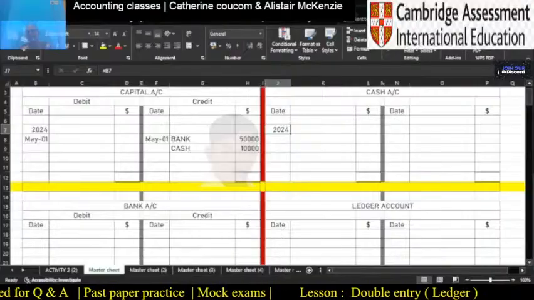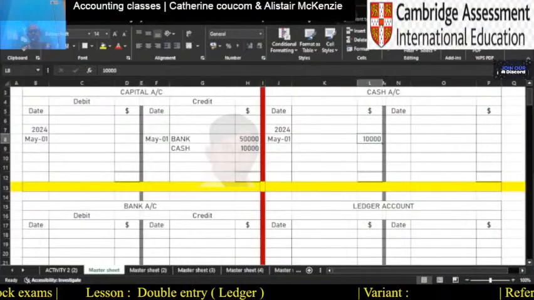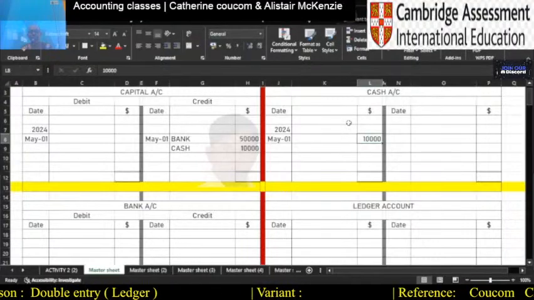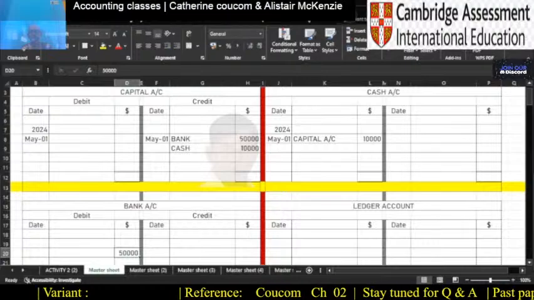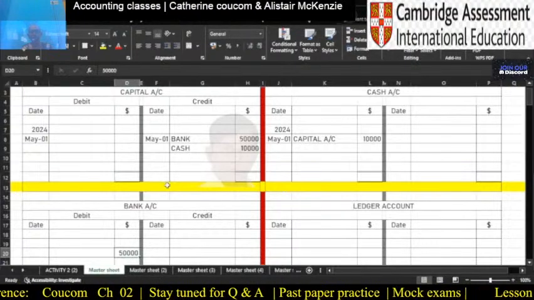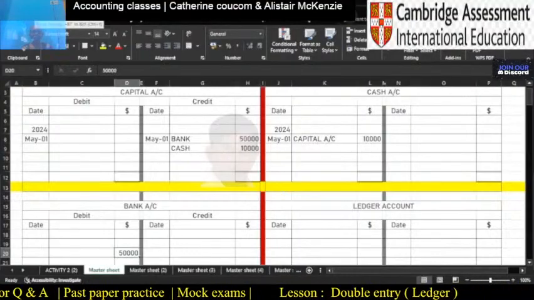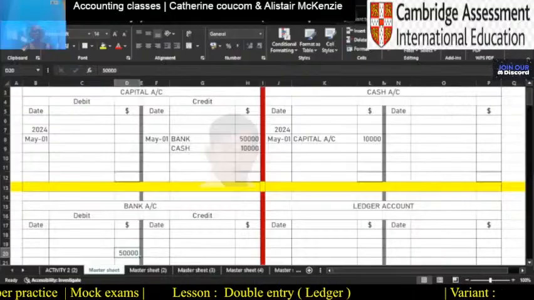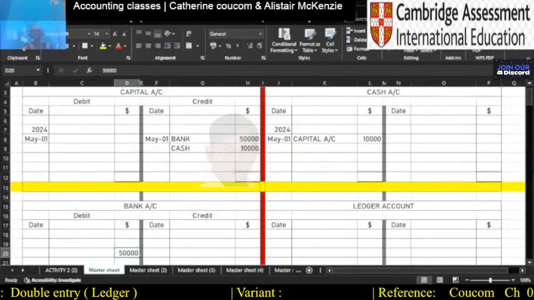We have to write it in the cash book, in the cash account. The cash account has received $10,000. Who has given? Capital has given. Similarly, capital has given $50,000 to the bank account.